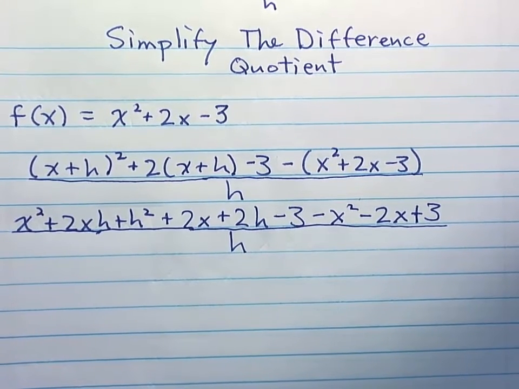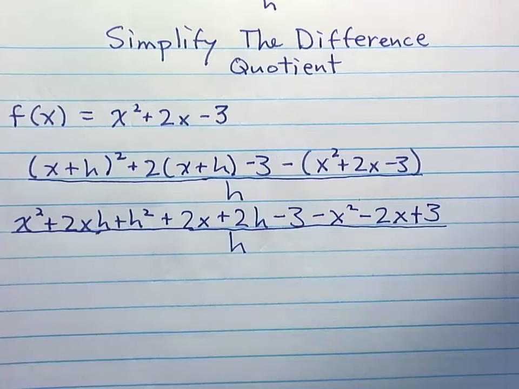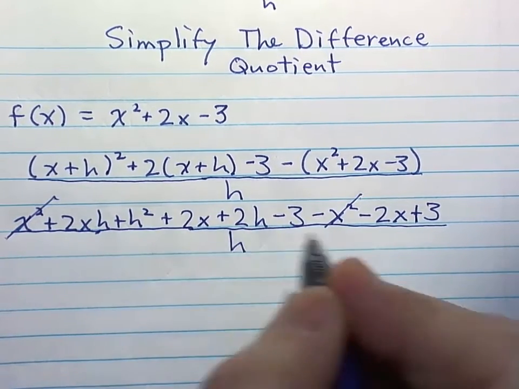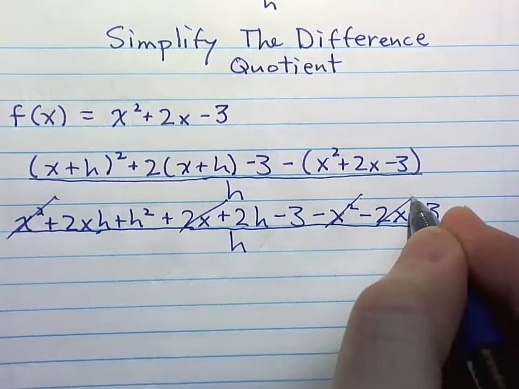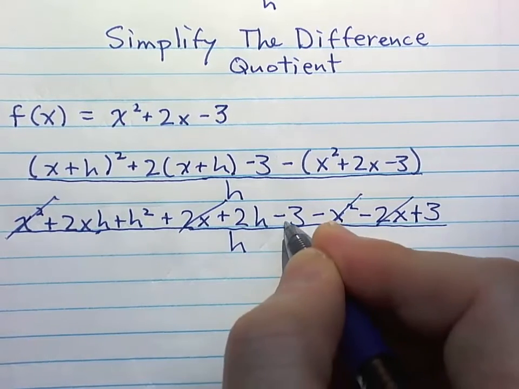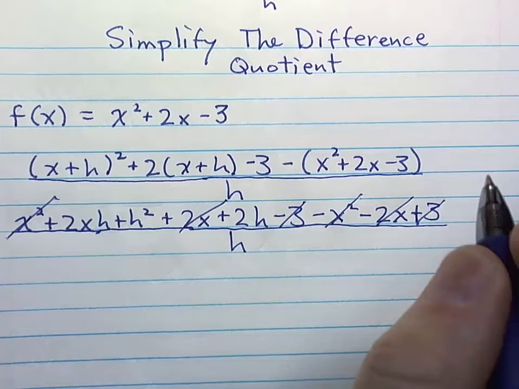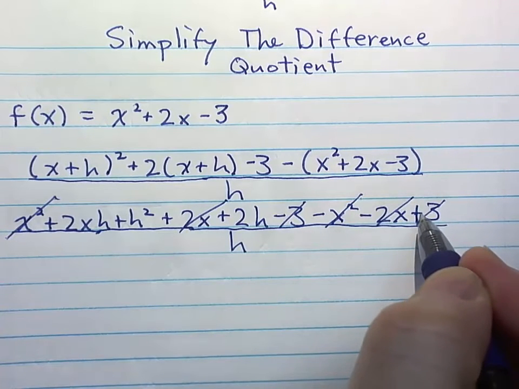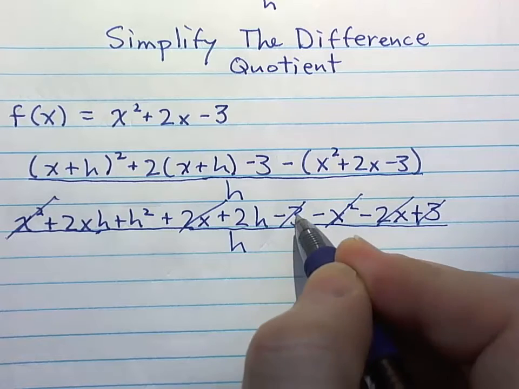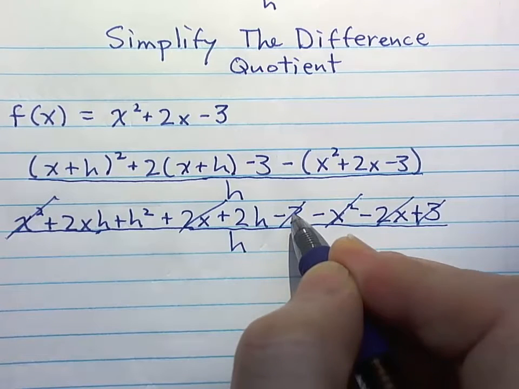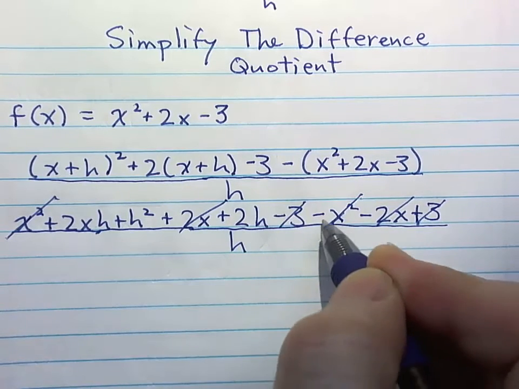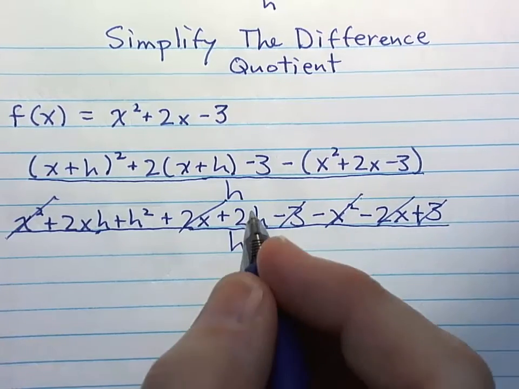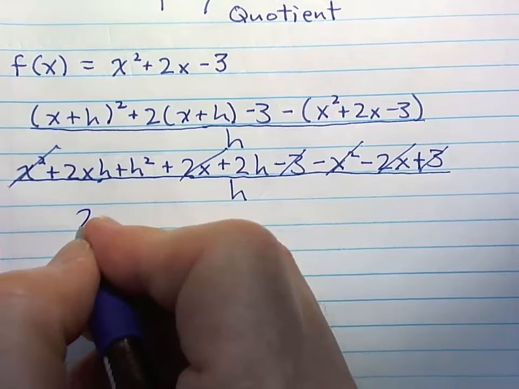Anything else? Now, once you do that, you'll notice some things start to cancel. See, we've got the 2x, the 2x, and notice this 3 cancels with this negative 3. The good thing about this is that I first called that negative 3. That's a mistake that you'll catch when you start noticing that it doesn't cancel, because it should cancel unless there was a mistake like I made.